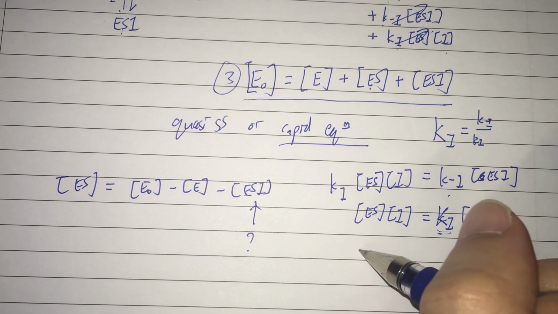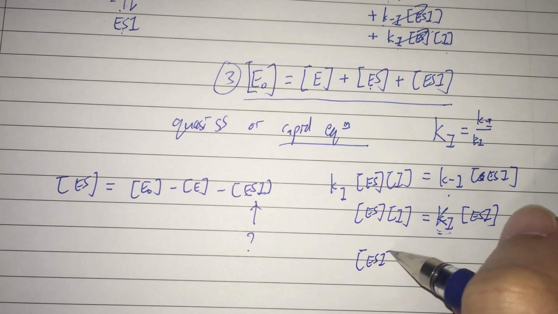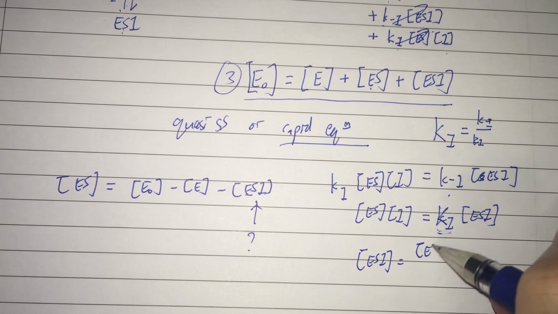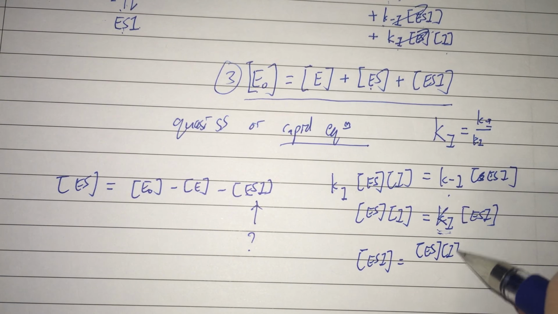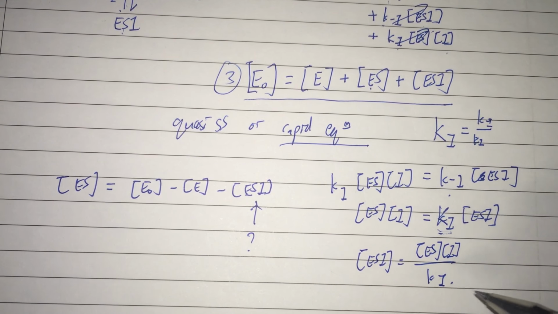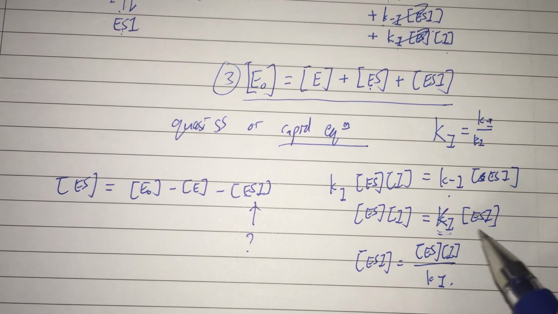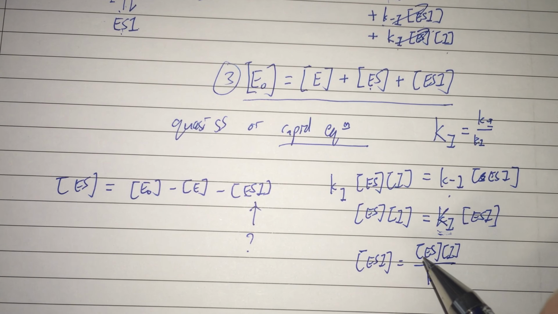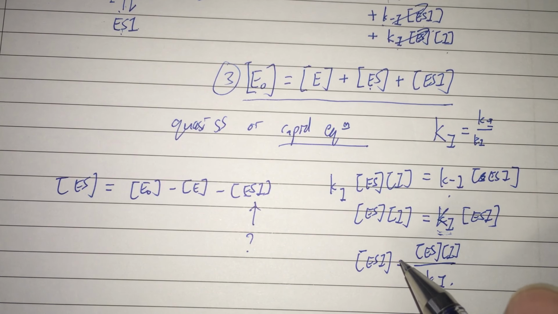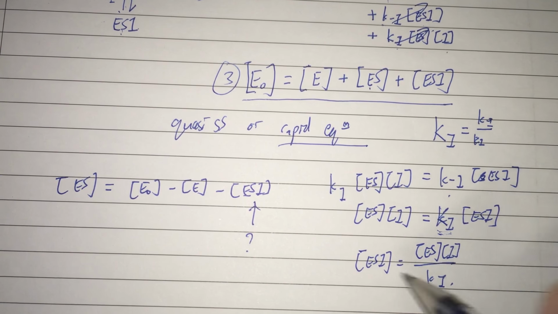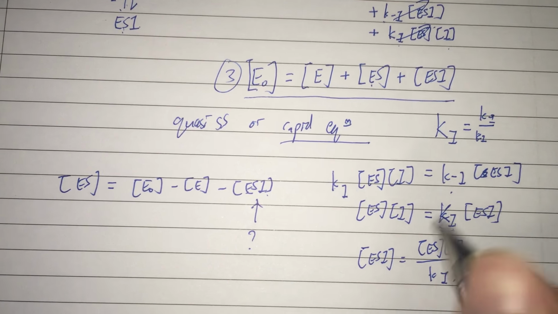Right, so let's do ESI equals ES and I over Ki. We assume that the inhibitor concentration is roughly constant, and let's substitute this in here.